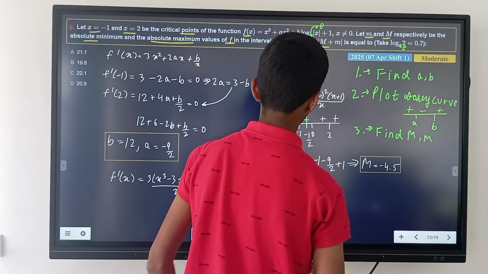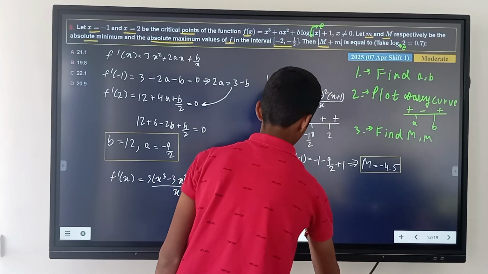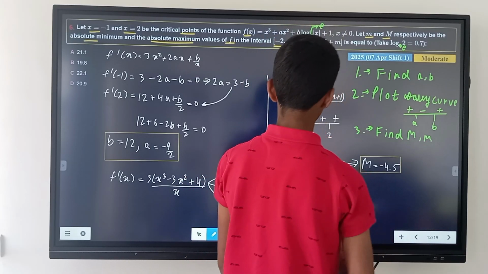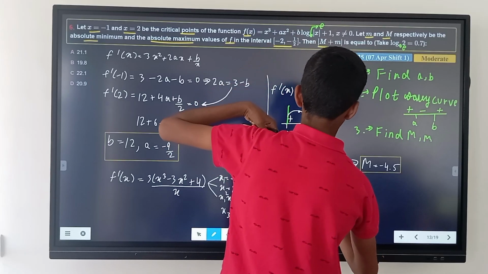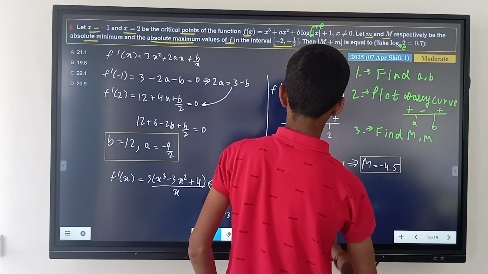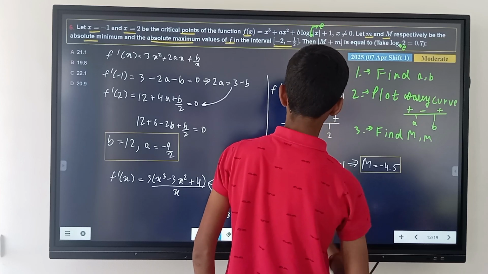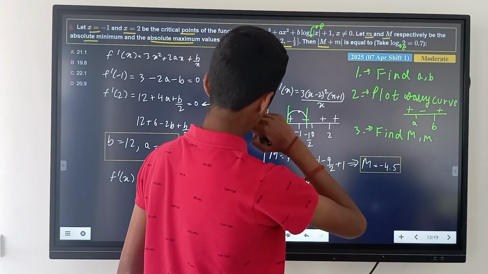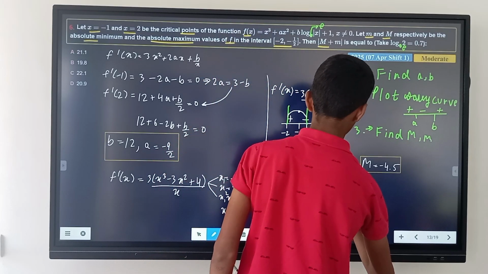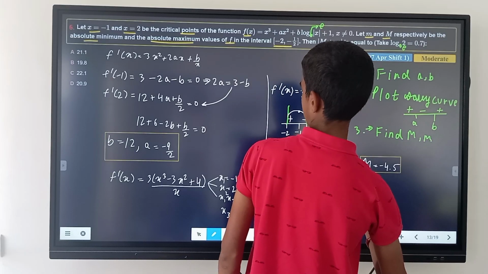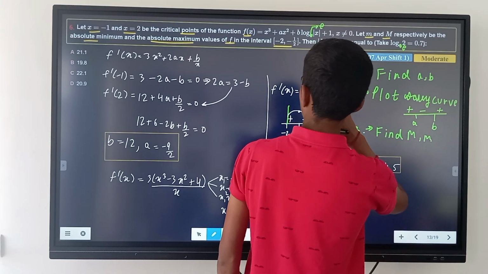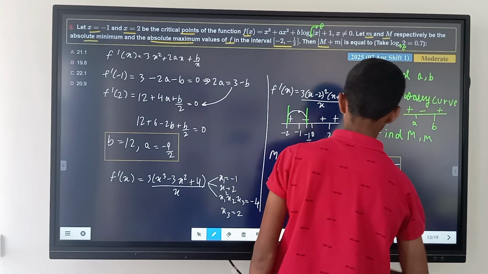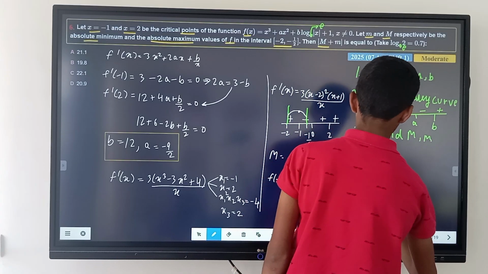Our small m is the absolute minimum, so we need to find the minimum of f of minus 2 and f of minus 1 upon 2. First, f of minus 2 is equal to minus 8 and minus 9 by 2 into 4, minus 18, plus 12 ln 2, plus 1.